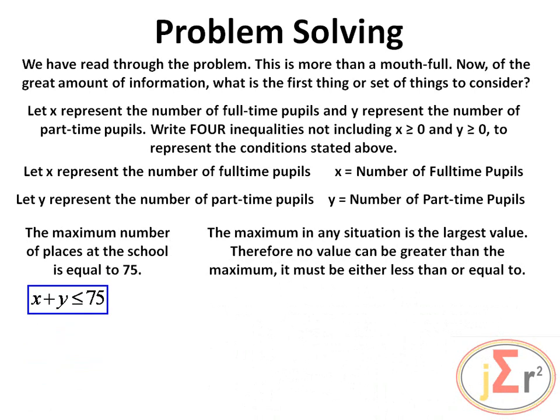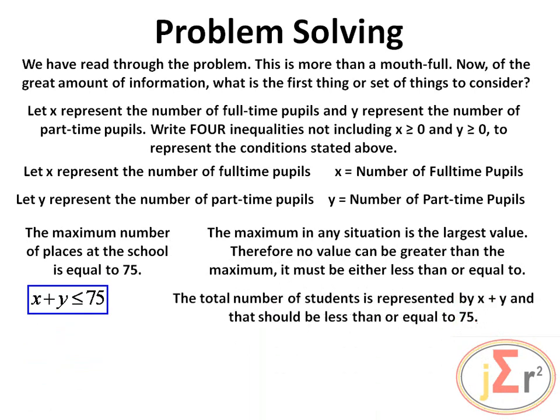The total number of students is represented by the number of part-time plus the number of full-time. So X plus Y is the total. Put your part-time and your full-time together, and that should not be greater than 75, so it should be less than or equal to 75.